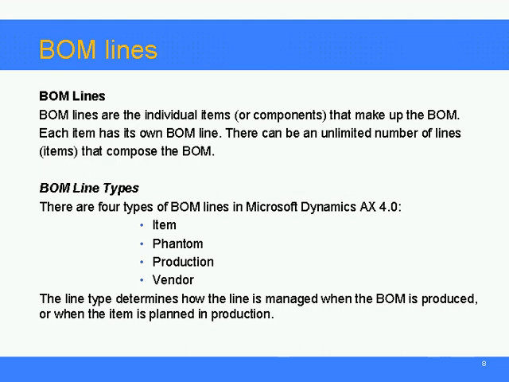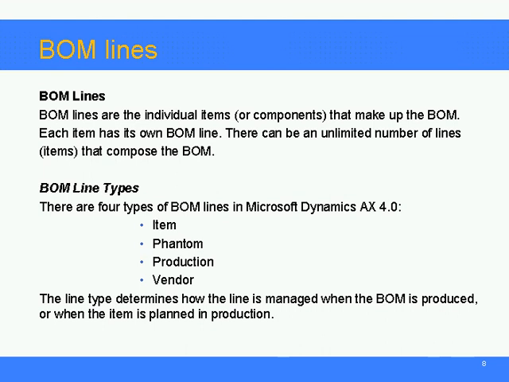Let me talk about BOM lines. BOM lines are the individual items or components that make up the BOM. Each item has its own BOM line. There can be a limited number of line items that compose the BOM. And there are 4 types of BOM lines in Microsoft Dynamics AX4: item, phantom, production, vendor.